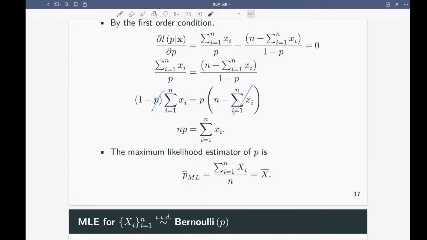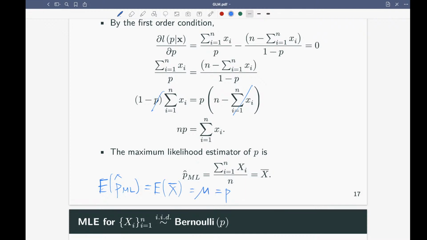Okay, so maybe you can check whether this term is unbiased. If the MLE estimator has an expectation, the result is E of X bar. It's like a mu, and mu is p.